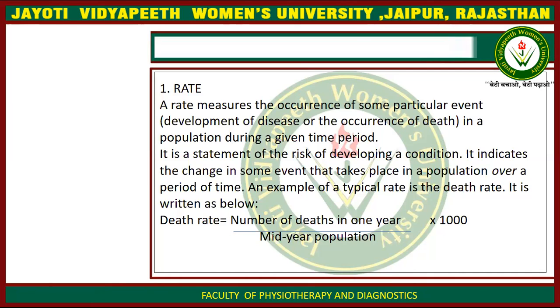It indicates the changes in some events that take place in a population over a period of time. An example of a typical rate is a death rate. It is written as: death rate is equal to number of deaths in 1 year upon mid-year population into 1,000.